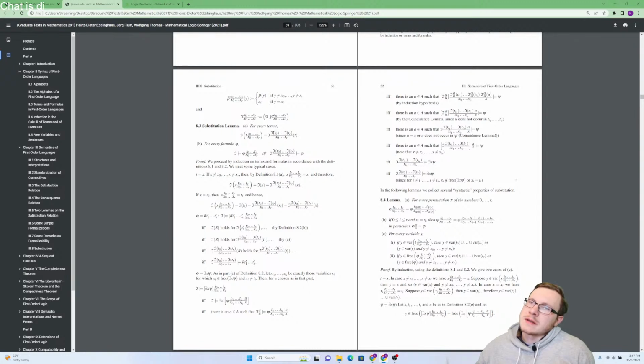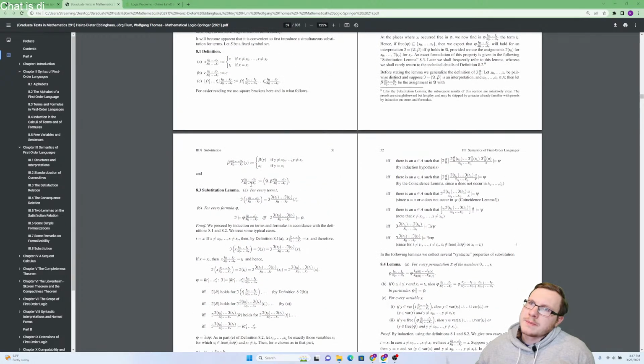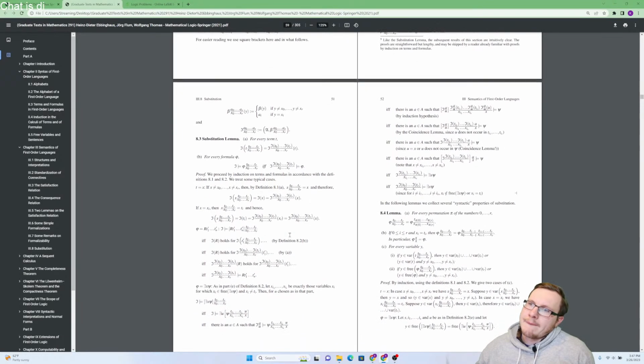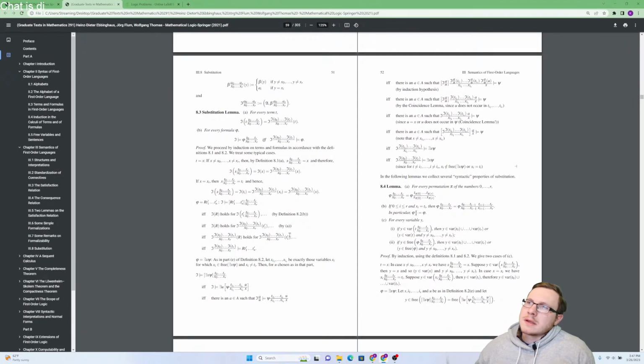Where you're replacing t naught with its interpretation up here applied to t. Yeah, because we're using this right here. Silly.